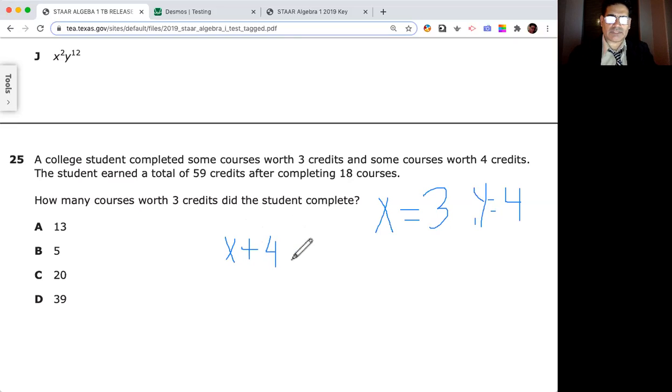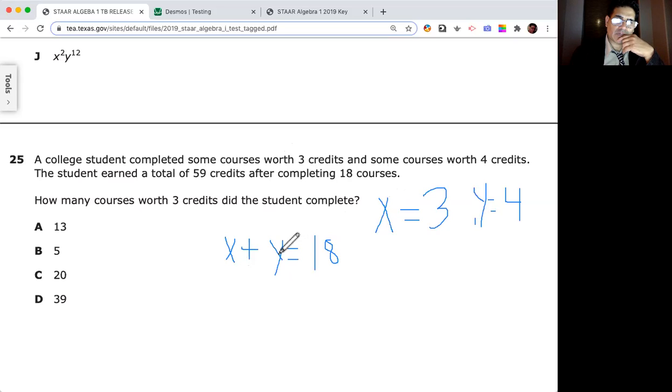No, excuse me, x plus y. 3 credit courses and 4 credit courses. Some courses were 3 credits, some were 4 credits. And that's 18. So let's see if this makes sense.